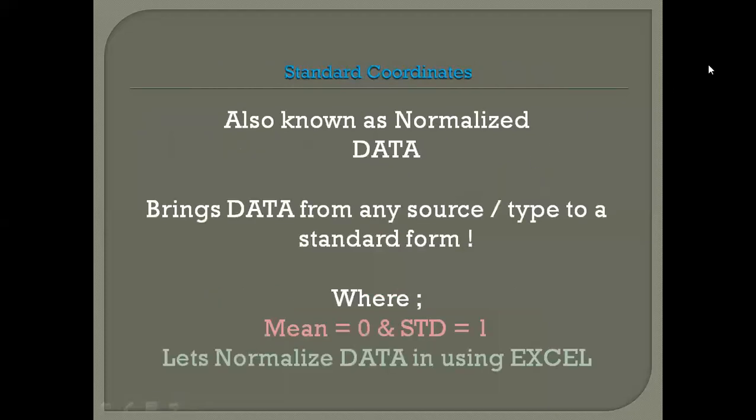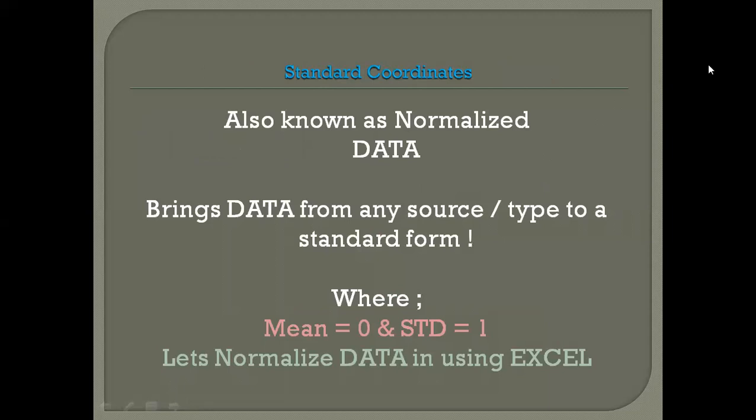We use standard coordinates. This is an important concept. We use standard coordinates to bring the data from different sources onto a single scale in order to understand the spread. We also call it standard coordinates, or normalized data.